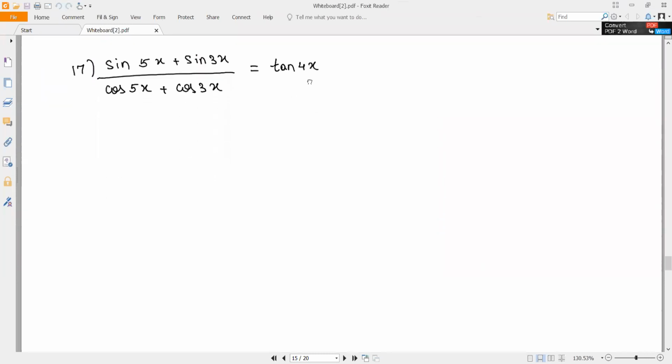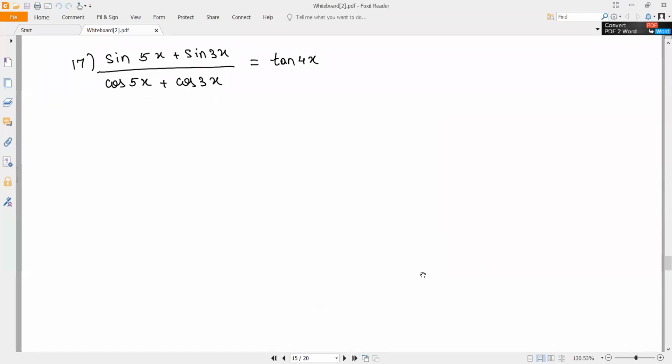Again, sin A plus sin B in the numerator, cos A plus cos B in the denominator, and you'll solve it in the same manner by directly applying formulas in the numerator and denominator.